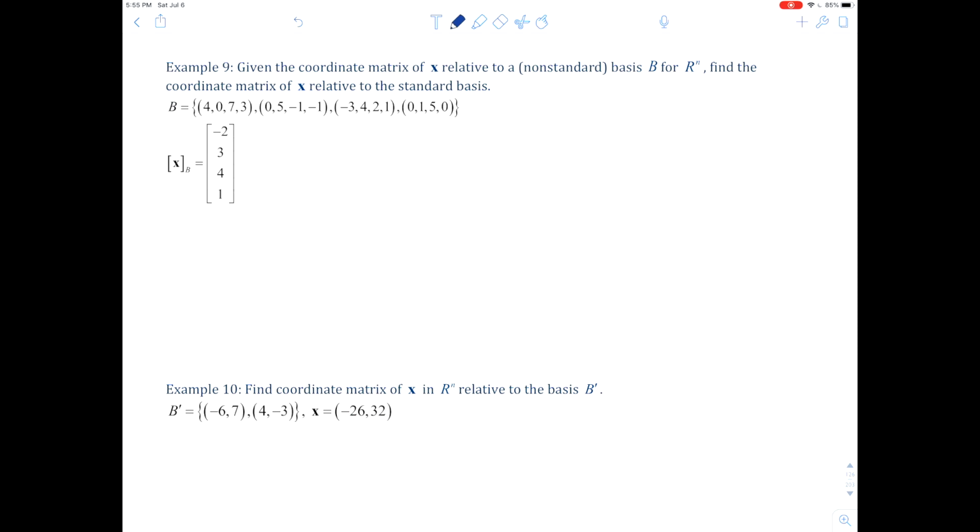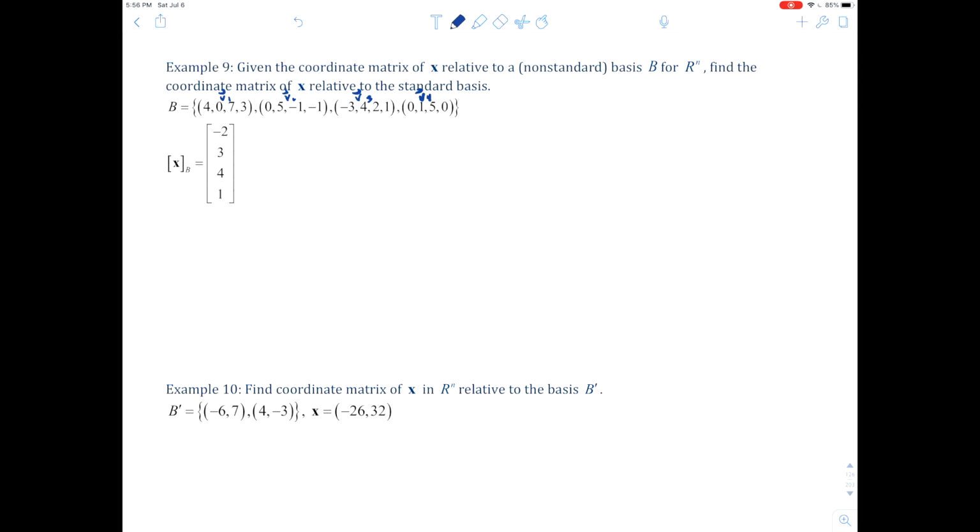All right. Next up, example 9. Given the coordinate matrix of x relative to a non-standard basis B for Rn, find the coordinate matrix of x relative to the standard basis. Okay? What do I need to do here? Well, let's say that these here are vectors v1, v2, v3, and v4, and we're in R4.